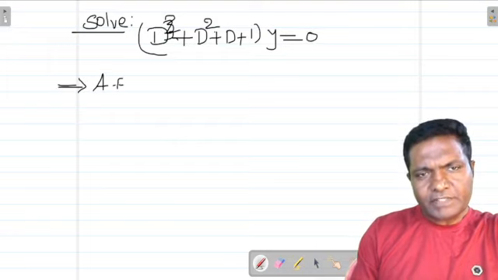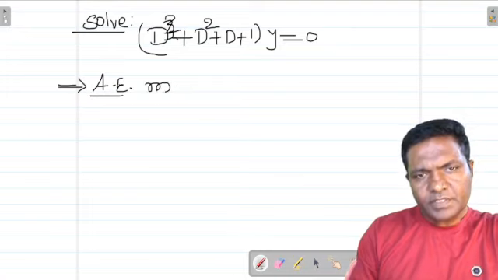So the auxiliary equation is m cube plus m square plus m plus 1 equal to 0.